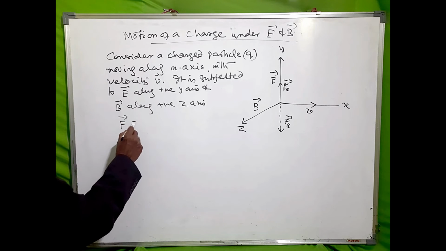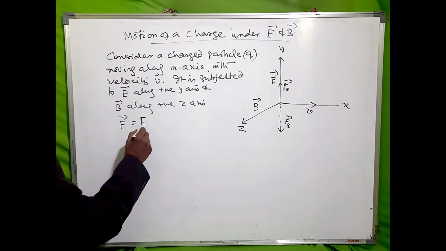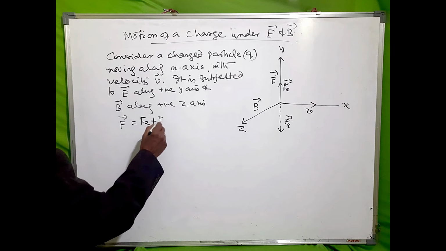Now, the resultant force on the charge, according to Lorentz force, F is equal to Fe plus Fb.